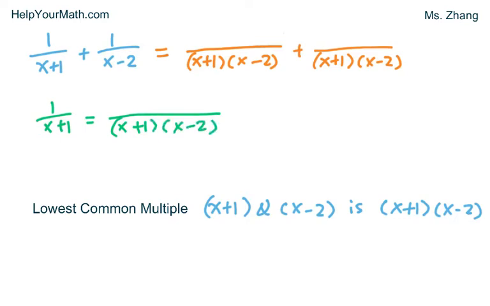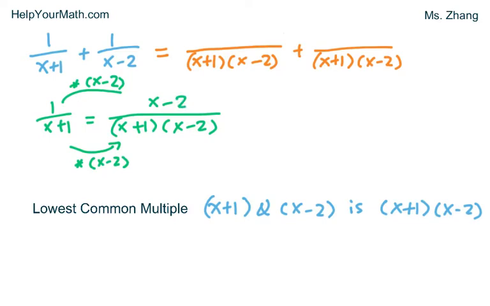And we know that we already have x plus 1, so that means we just need to multiply x minus 2 to get the denominator. So we are going to multiply x minus 2 with 1, and the numerator is just x minus 2.